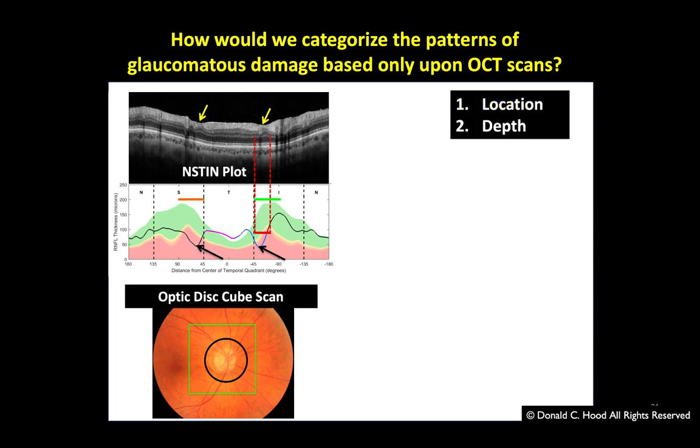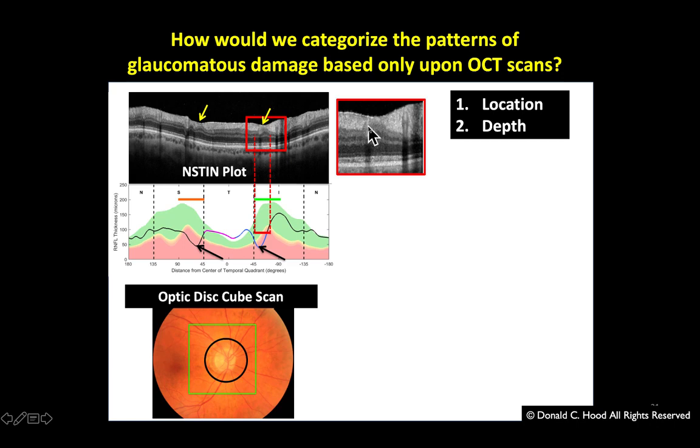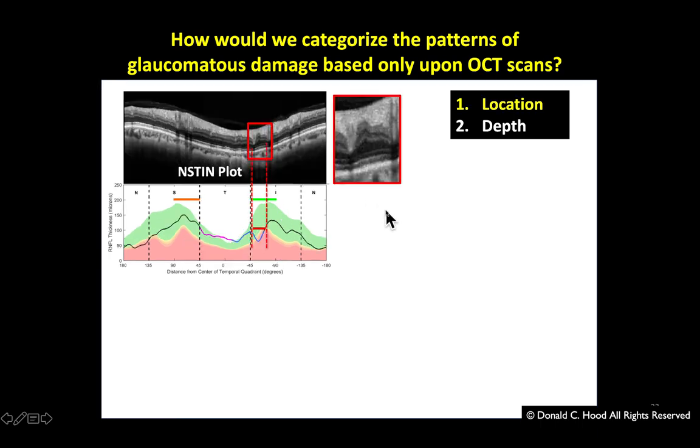You probably categorize the severity based on depth, let's say. So if we blow that up, you can see this is pretty deep. There's not much retinal nerve fiber layer remaining here. Here's another eye with damage exactly in the same place. Very, very common place. Damage exactly in the same place, but now in this particular eye, it's less severe because it's not as deep.